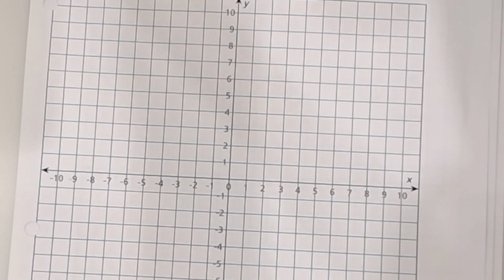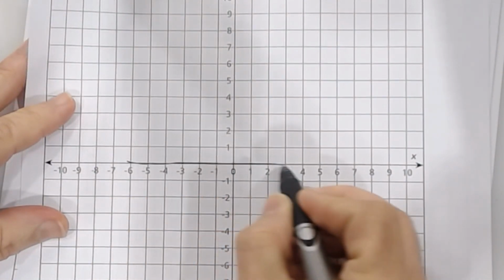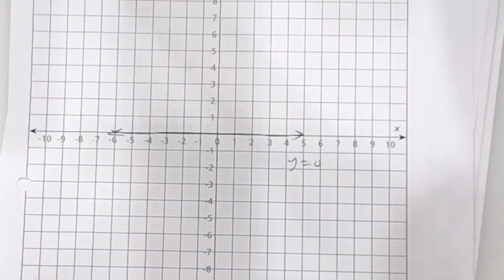Let's look at that. This is y equals 0 right here. Is that 1-to-1? No. Because remember, a 1-to-1 function says that for each y coordinate, there's got to be just one x. You got an infinite number here.